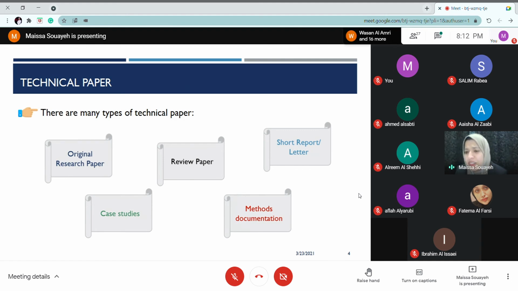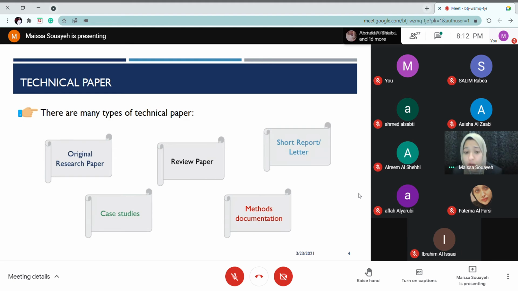Short reports or letters are something similar to lab technical reports, which I think you're familiar with. For the short report, there is less attention on the literature. It's mainly stating the results, and not much attention is paid to the literature. There is a literature review, but it's not as deep as in the review paper or the research paper.